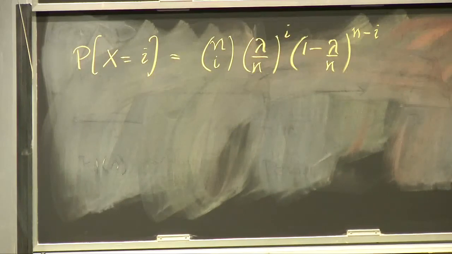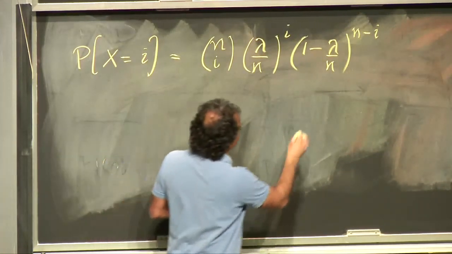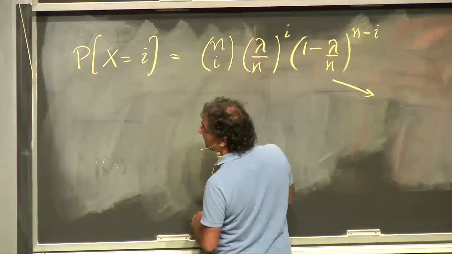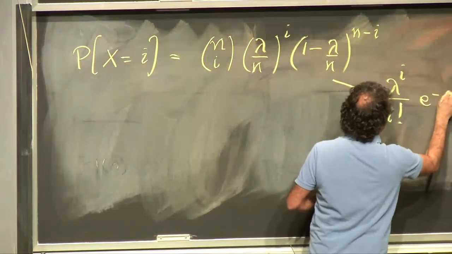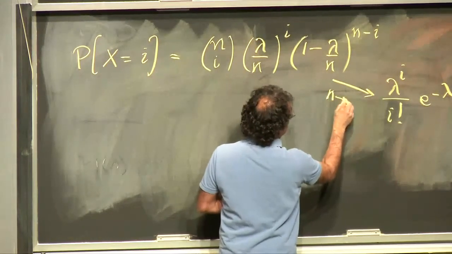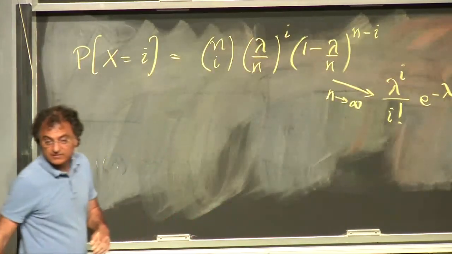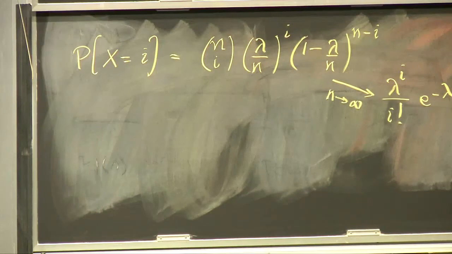And what we are claiming is this tends to lambda to the i divided by i factorial, e to the minus lambda, as n tends to infinity.